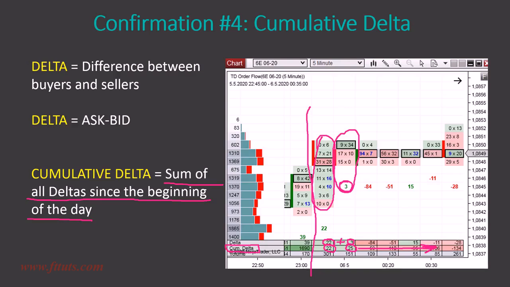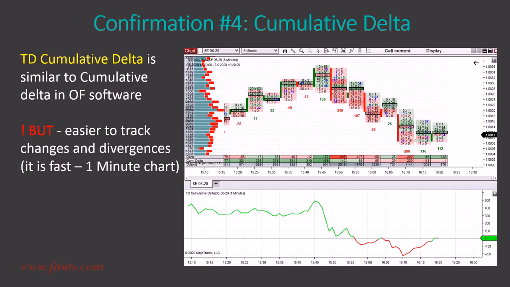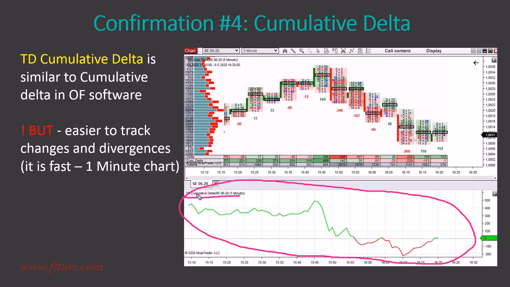But this video is not going to be about order flow, but it's going to be about a separate indicator, which I developed. It is also called cumulative delta, but it's a bit different. It looks like this. It uses a line chart, and I prefer to use it on a really fast time frame, so 1 minute is ideal.